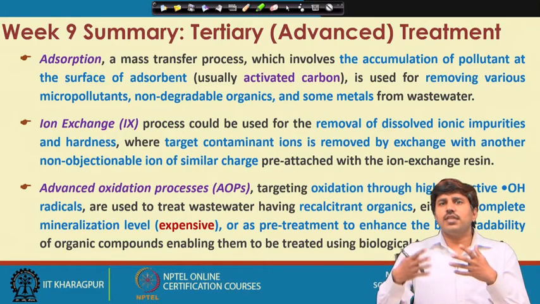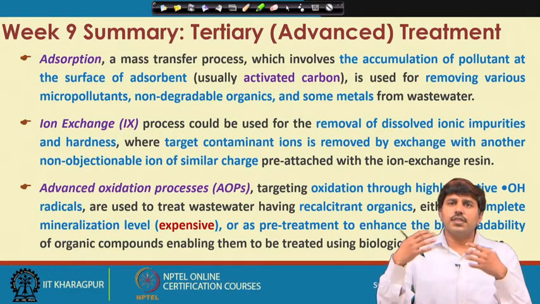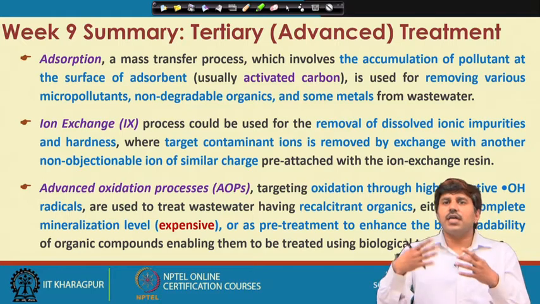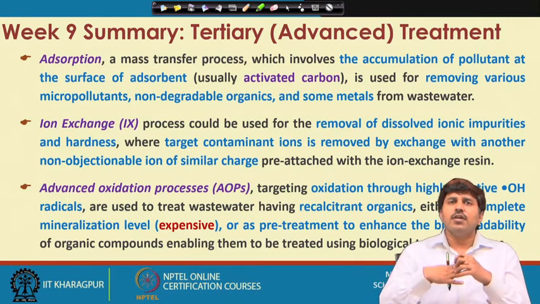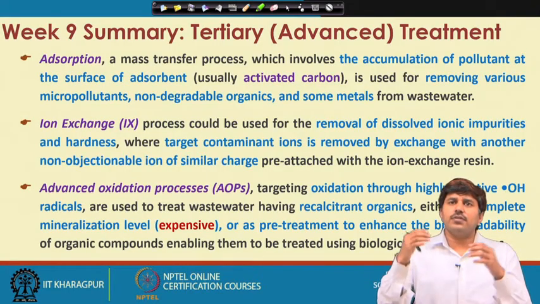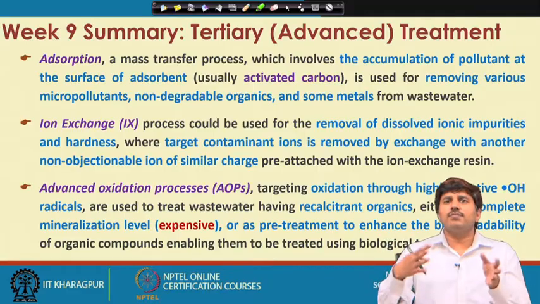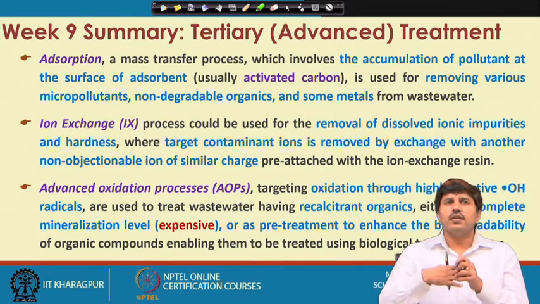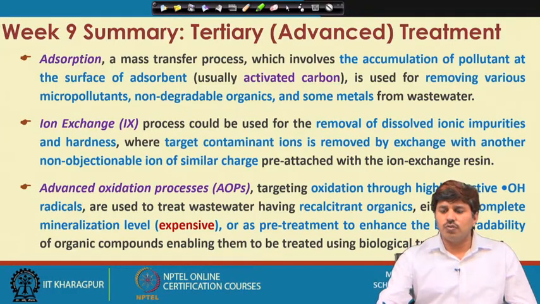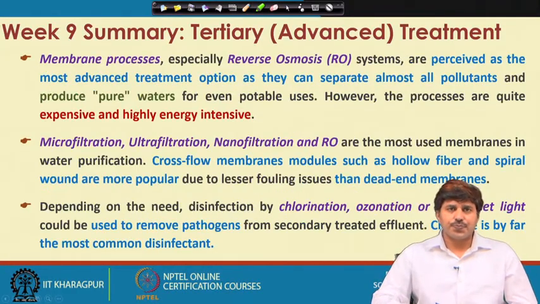Or we can use this as a pre-treatment, because these processes are known to enhance biodegradability. So, if there are recalcitrant organic compounds, they can break them down to biodegradable compounds, and from there onwards the standard biological process will take care of them. So, that way this process could be used as a pre-treatment as well.